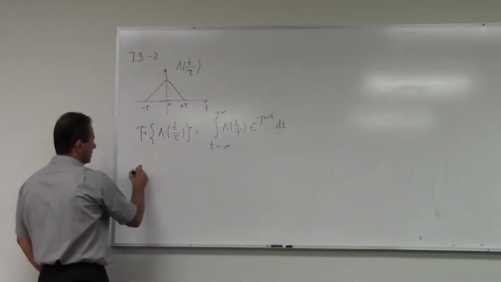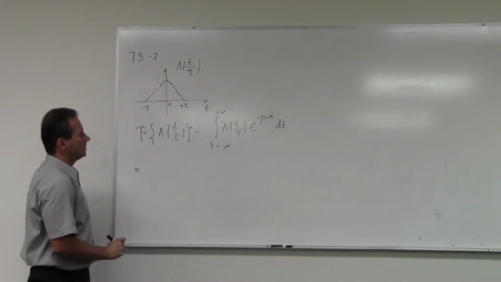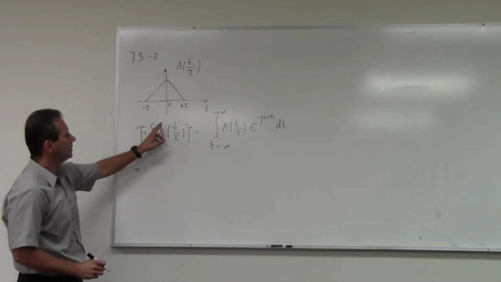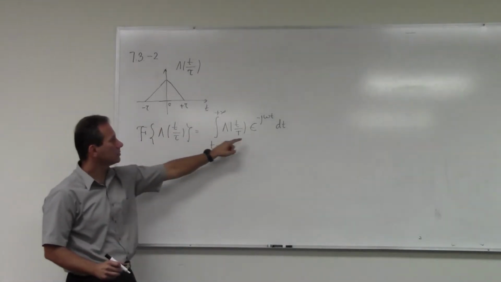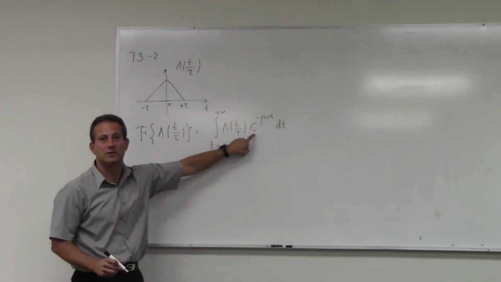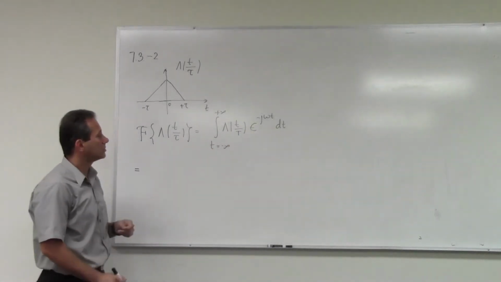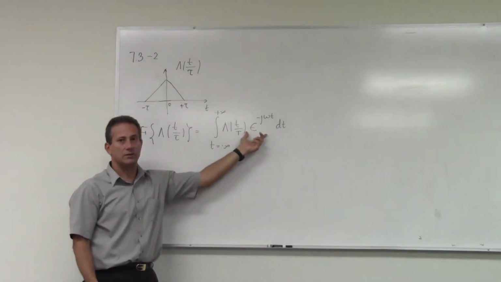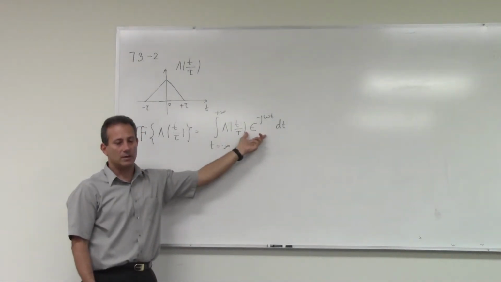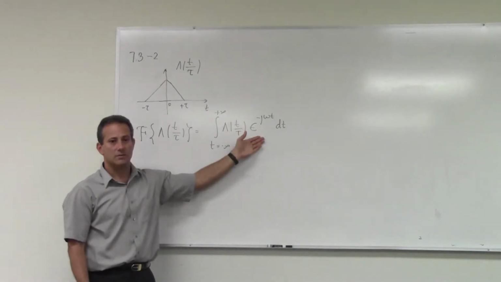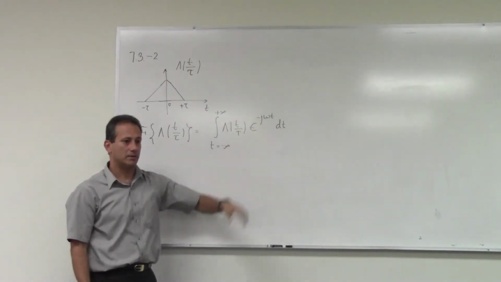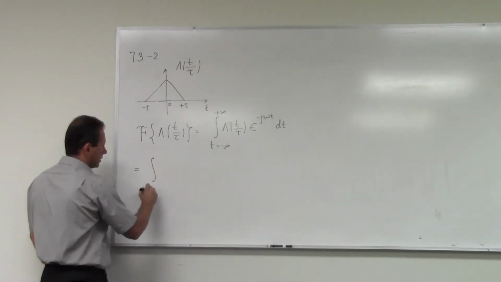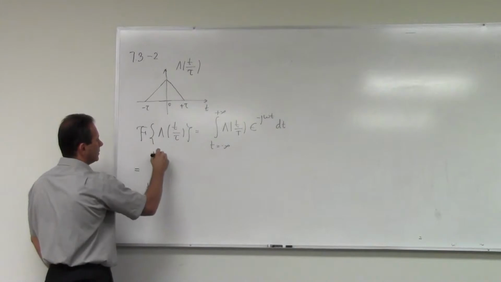Now, because the triangular waveform is an even function, I can only integrate over the positive t, but I have to make sure that only the even part of this exponential is taken into account. That's the most common mistake, because a lot of times you find students treating this as if it were even, but the matter of fact is it contains an even part, cosine omega t, and then an odd part, which is j sine omega t. So I can write this as the integral when t goes from 0 to plus infinity.